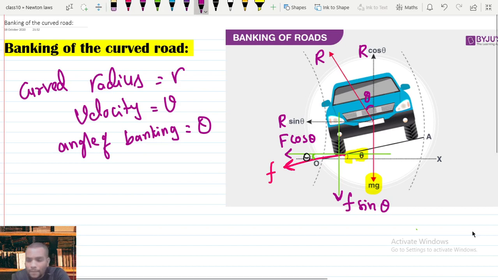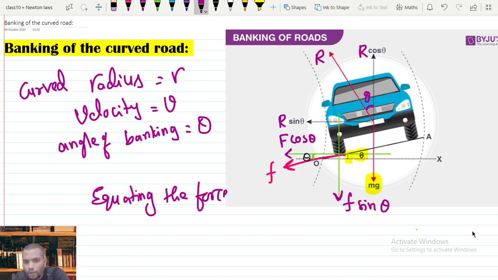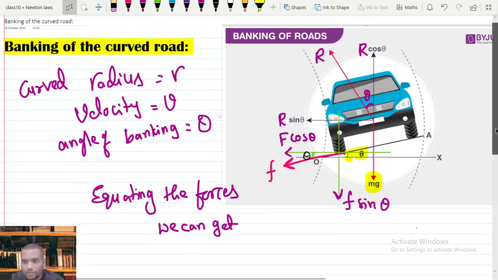Now if I write the balancing equations, by equating the forces along the horizontal and vertical directions, we can get, keep it in mind when you are equating the forces. So let us equate the upward forces and the downward forces.